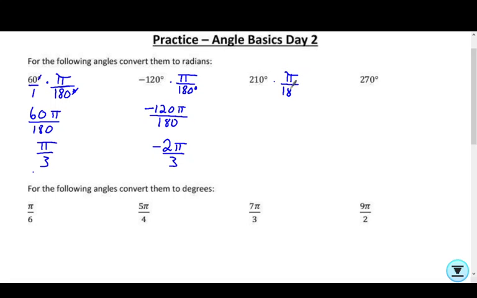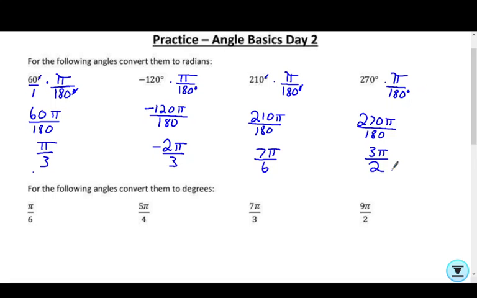Same thing with the next one: you get 210 pi over 180 degrees, and it reduces down to 7 pi over 6. And the last one, we're doing the exact same thing, which gives us 270 pi over 180, and it reduces down to 3 pi over 2.